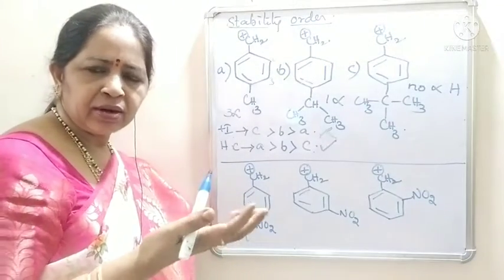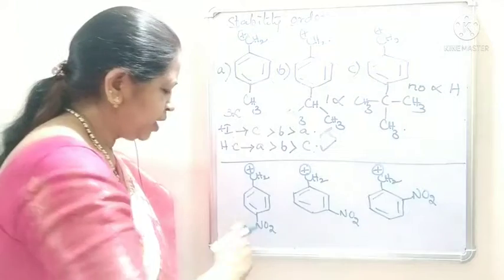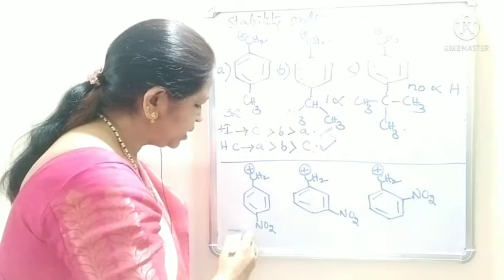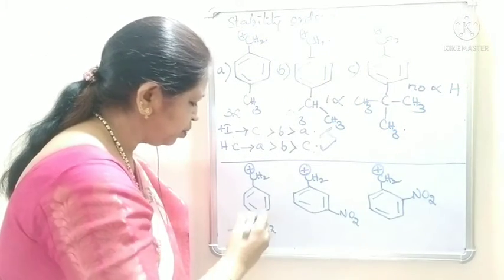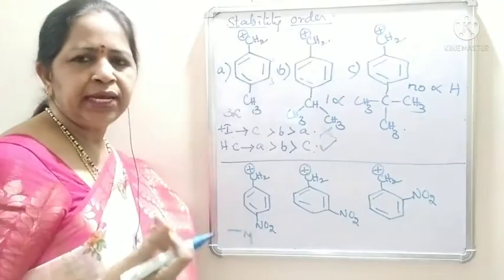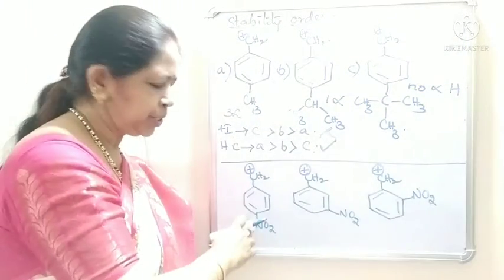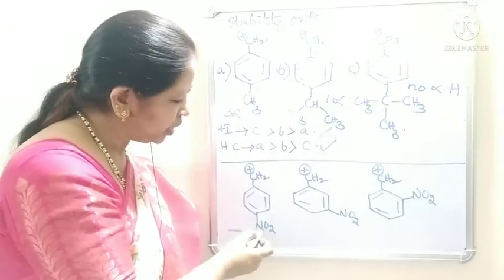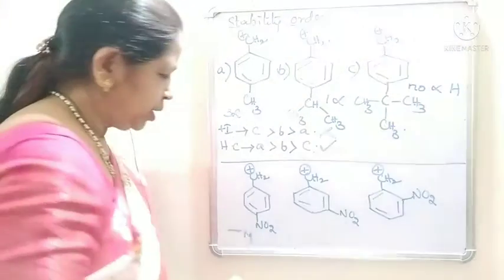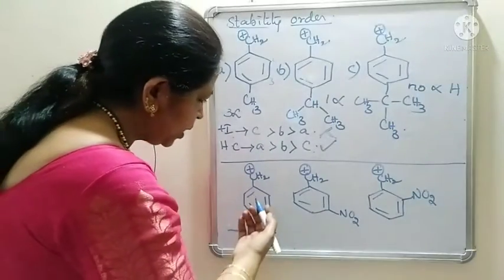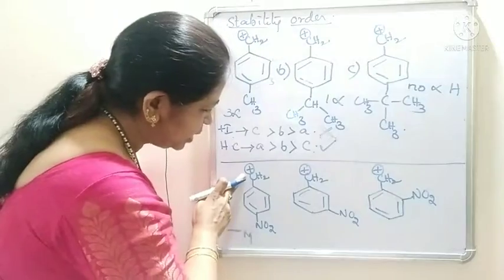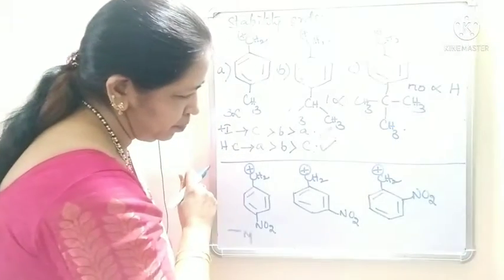That means it is an electron withdrawing group, a minus M effect causing group. It withdraws the electrons from the benzene ring because it is more electronegative than the benzene ring. So it takes the electrons, which destabilizes the carbonium ion.